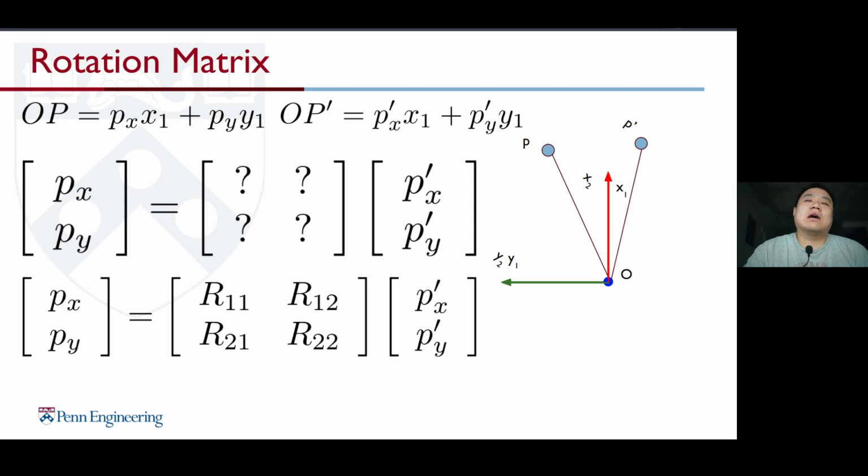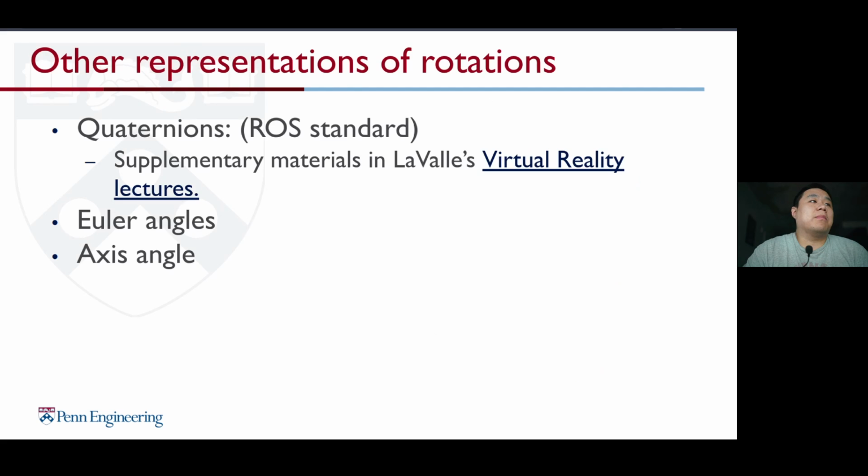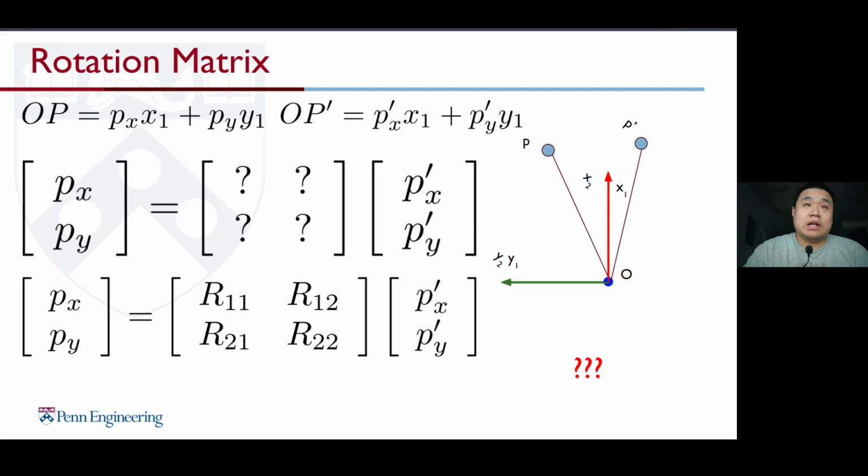But right now, let's denote the four elements as R11, R12, R21, and R22. And as it turns out, we're not going to go through the detailed calculations here, but if you go through the calculation, it will be the rotation matrix we derived earlier, which is the rotation matrix between frame 1 and frame 2.